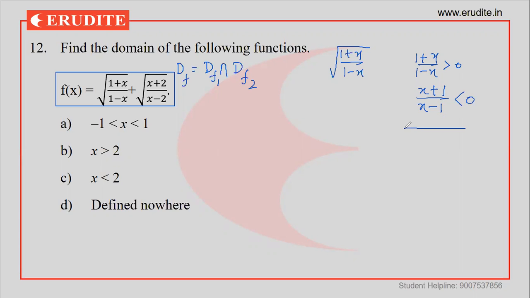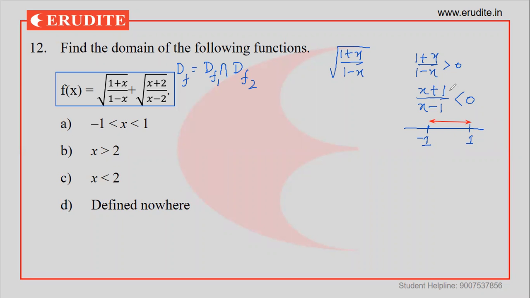So x equal to plus 1 and x equal to minus 1 are the two critical points. On the number line for finding the range of x, it would be divided into three zones, and this is the zone which I need to find. Minus 1 to plus 1 is the range in this case. But can I attain this value 0, that means minus 1?